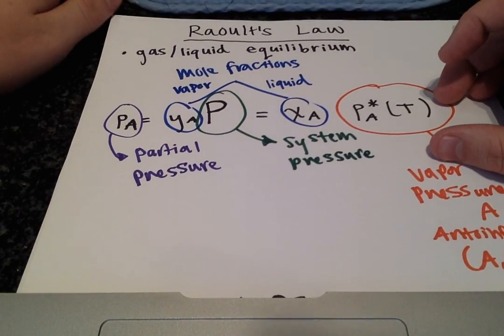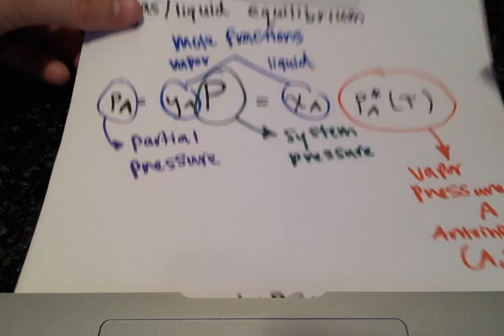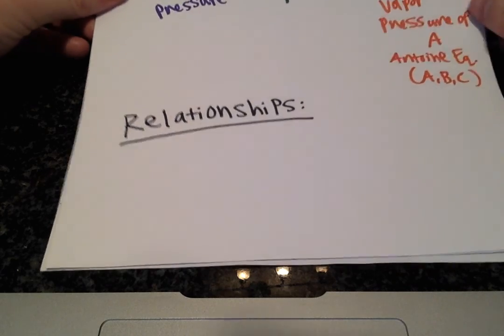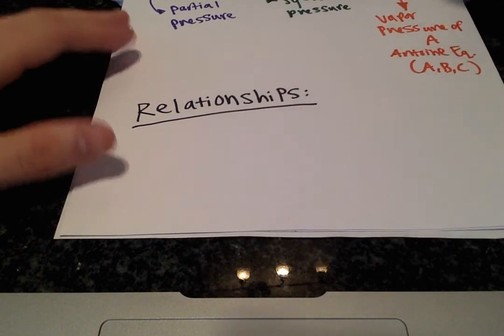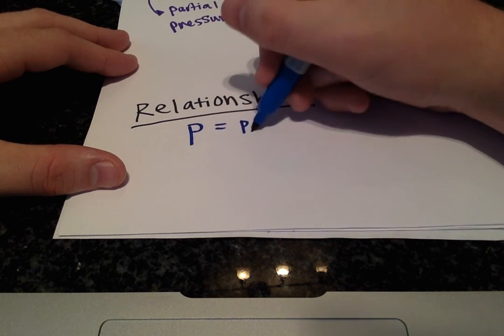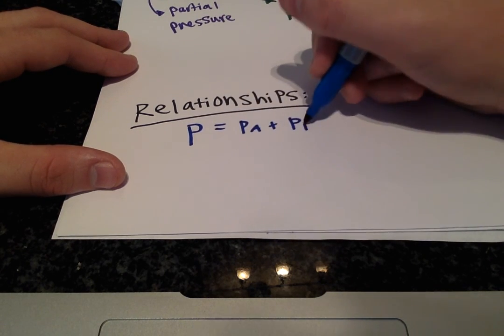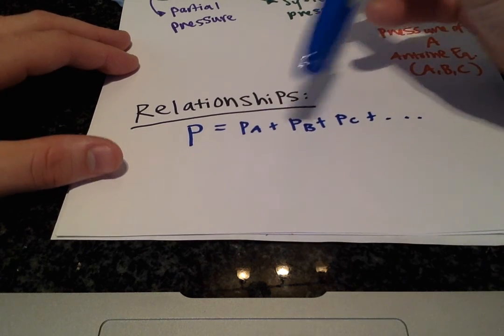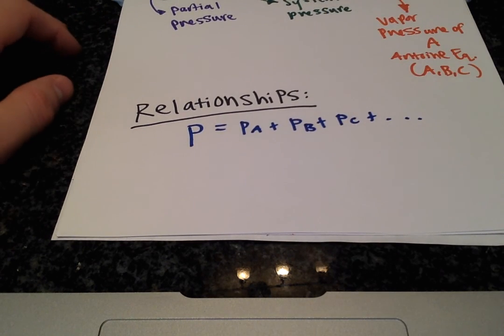Alright, and it's also really important to know how all of these values are related. I said this earlier, but I'll write it down: the total pressure is just going to be the sum of all the partial pressures, depending on how many different components you have.